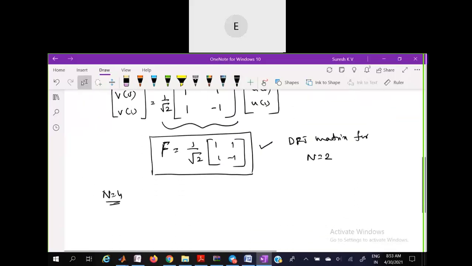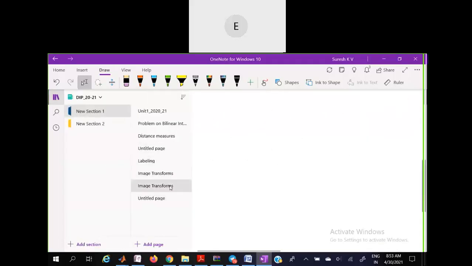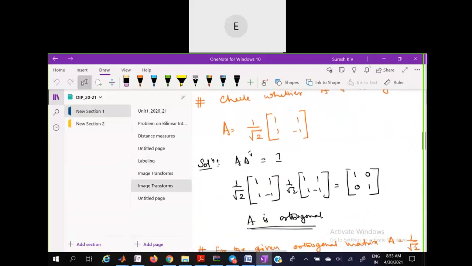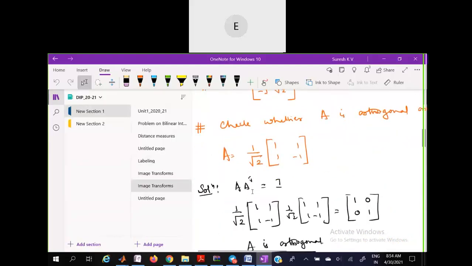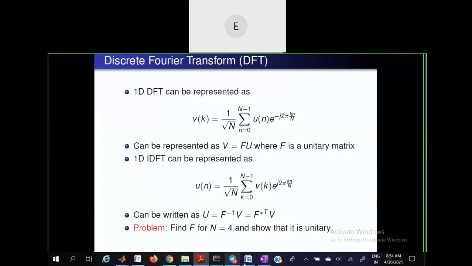How will I show that it is unitary? In fact, in this case, I have already verified because we have done this problem already. I think in the previous page itself it is done. Even if I use A conjugate transpose also, since it's a real matrix, it will be verified.